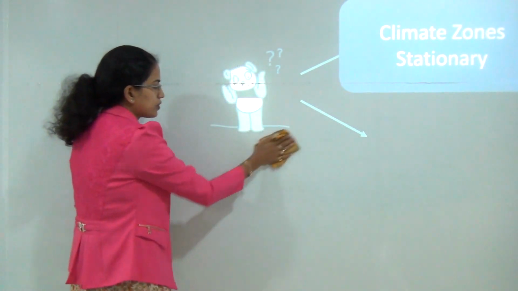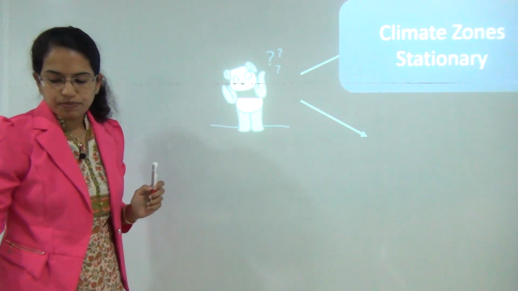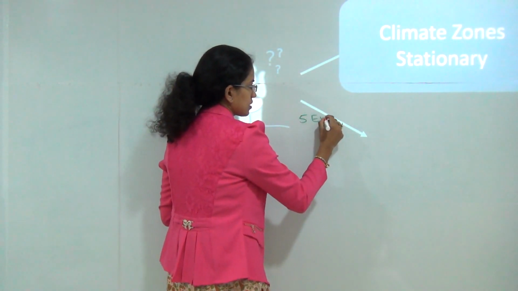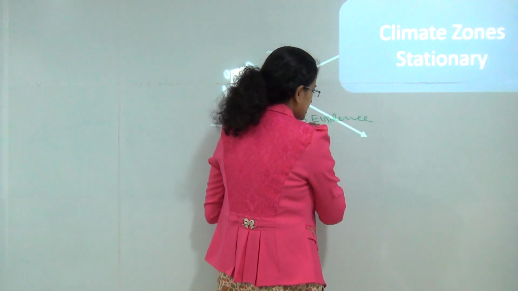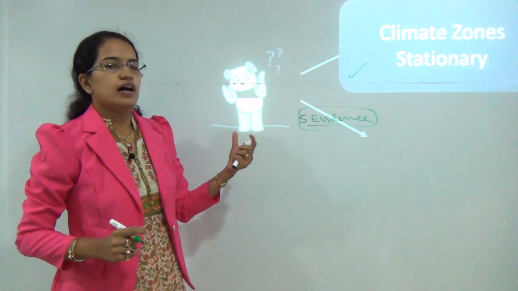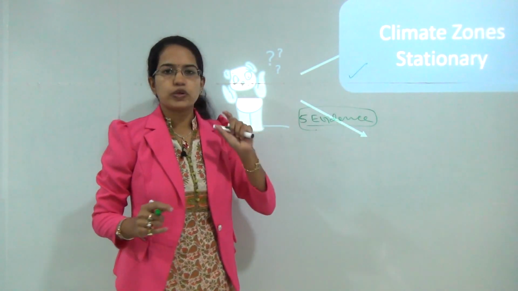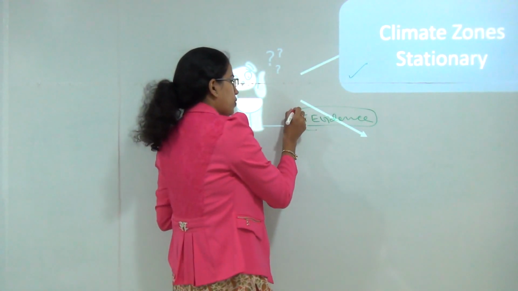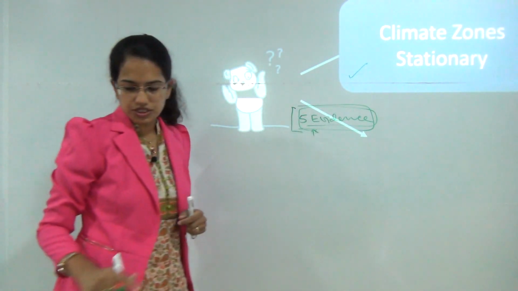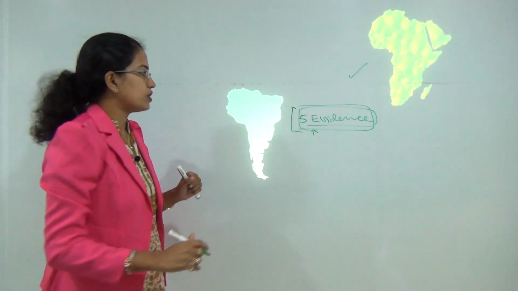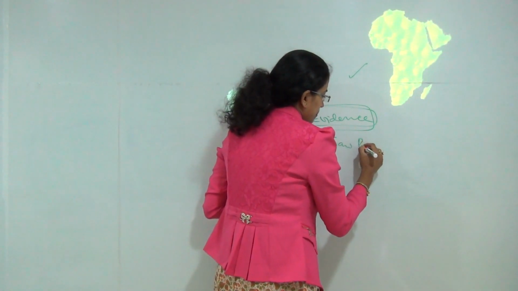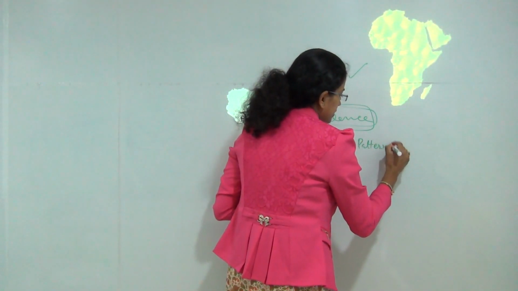So when we talk about Wegener's theory, he explained 5 evidences that could support his basic idea of why climate zones were stationary. The first explanation was the jigsaw pattern, or the pattern in which one continent fits into another.